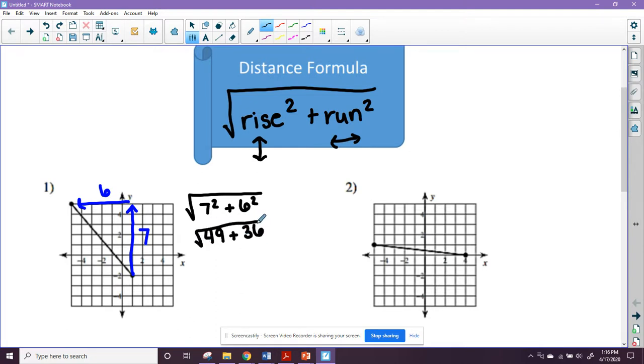So we need to figure out what 49 plus 36 is, and that is 85, and we have to take the square root of it. So you're going to have to use your calculator and find what the square root of 85 is. You type that in, you're going to get 9.215, which, if we're just simplifying to the first decimal, which we call the tens place, it's just going to be 9.2 is our distance.